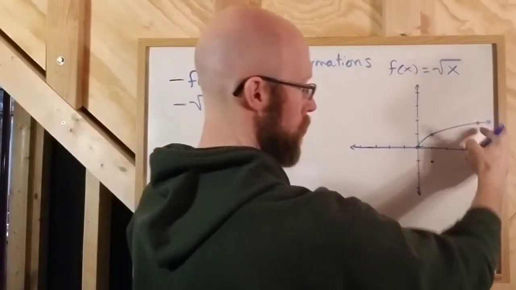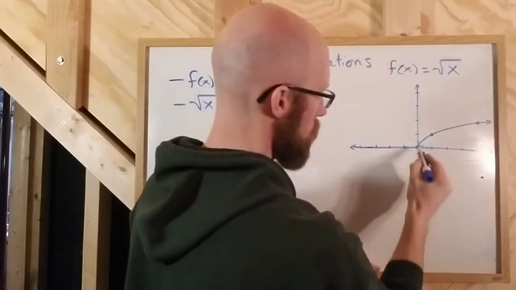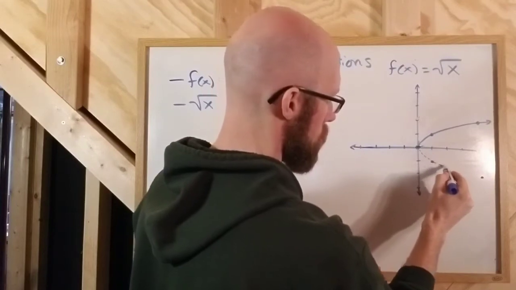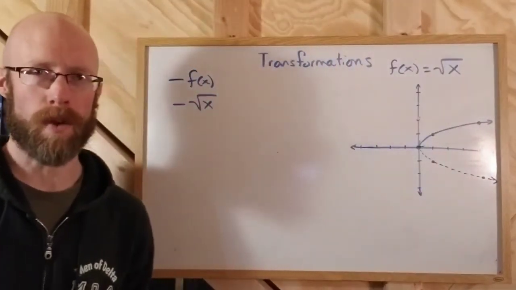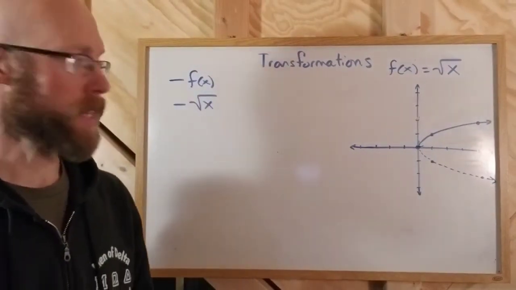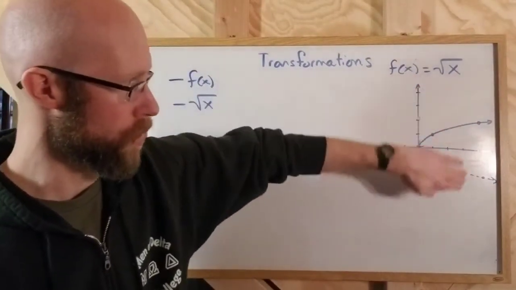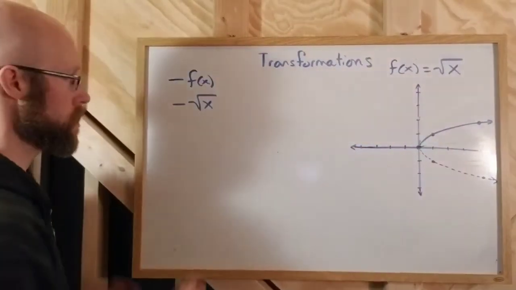Positive 2 output becomes a negative 2. And you end up with a graph that, instead of going up to the right, ends up going down to the right. The dashed graph is the negative square root of x. And this is a reflection of the original graph across the x-axis, or a vertical reflection.